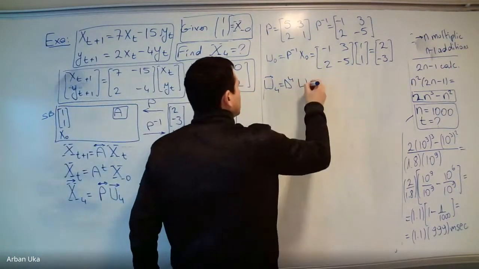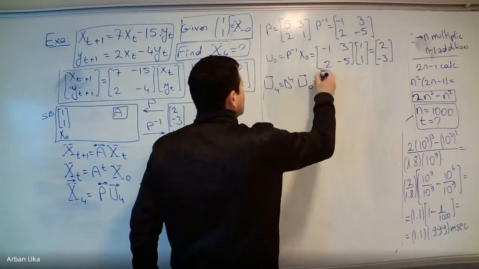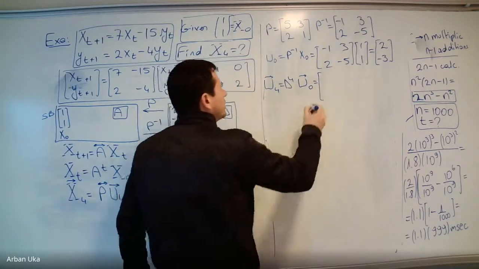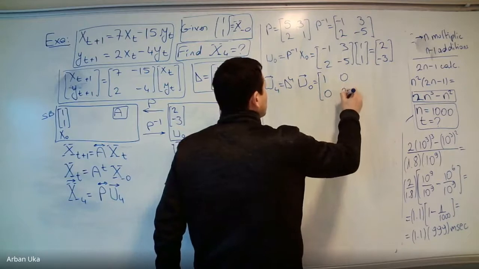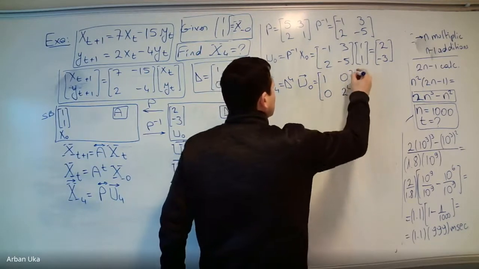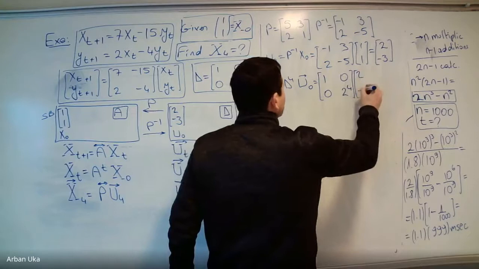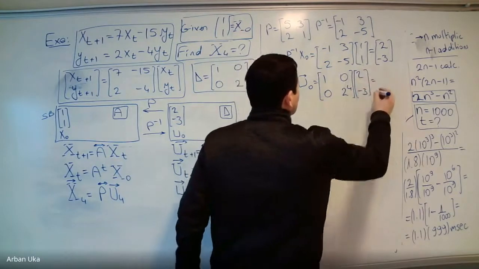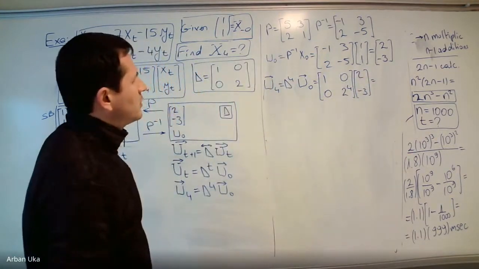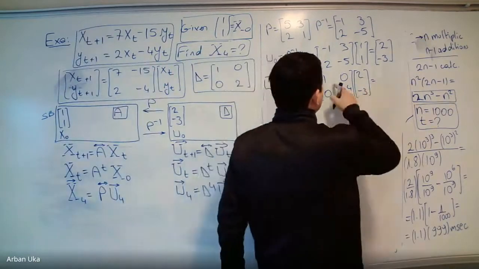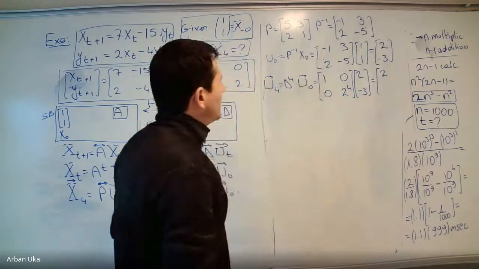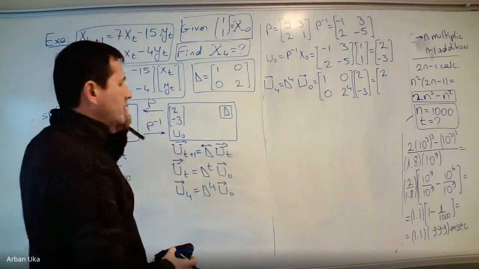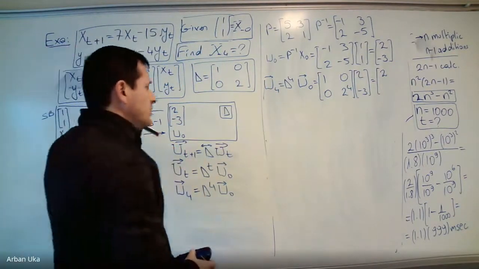So here we have this U0, and what is D to the power 4? 1 to the power 4 is 1. Here we get 2 to the power 4 times -3. So this is equal to 2, and the other value is 2 to the power 4, it is 16 times -3, which is -48.